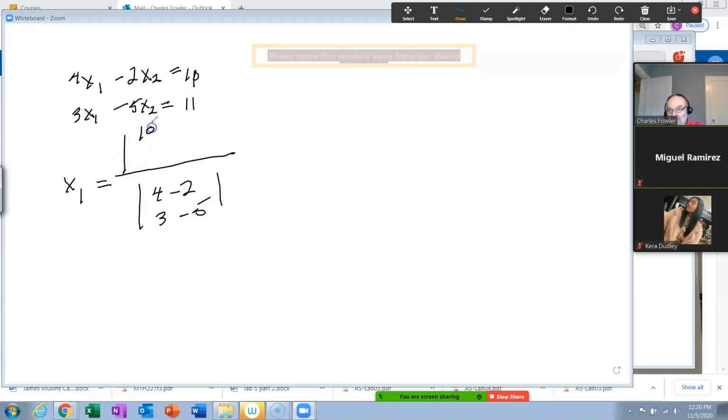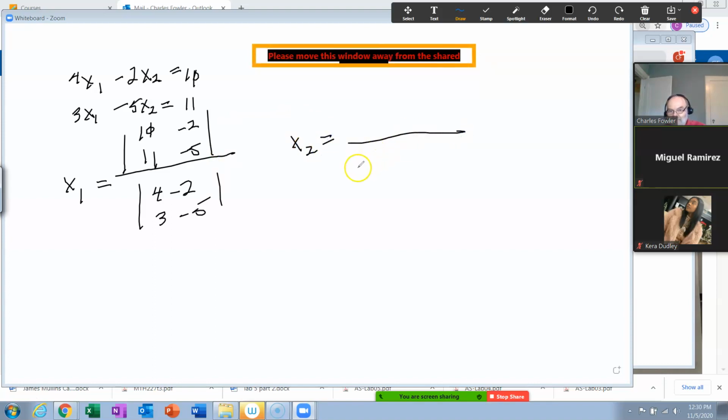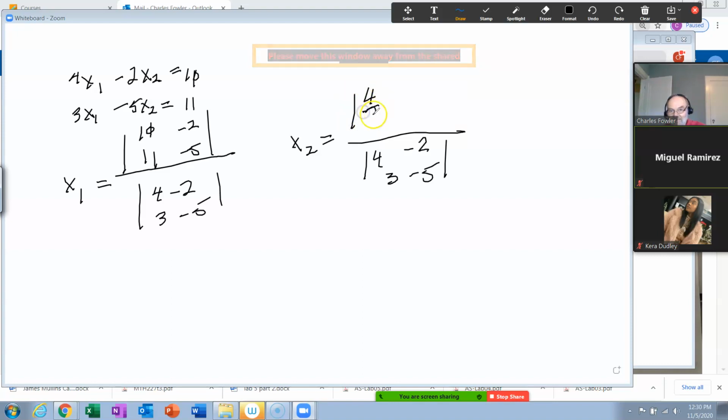That's going to be 10, 11, and then these are going to be the -2, -5. Same for x sub 2: your denominator is going to be just like it was before, 4, -2, 3, -5, and your numerator is going to be 4, 3, 10, 11.